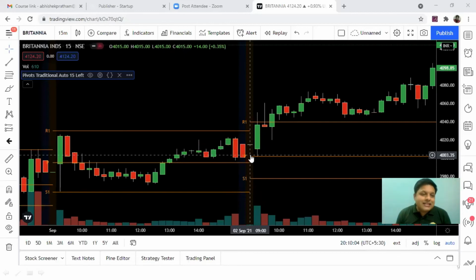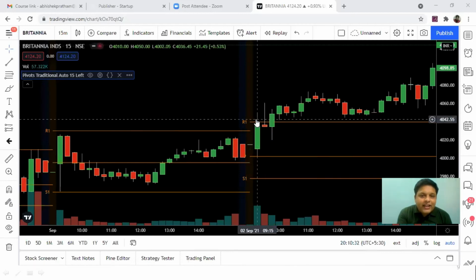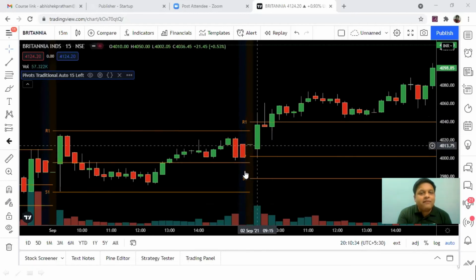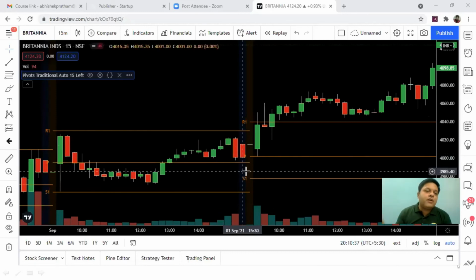Please understand, pivots are calculated based on the prices where it made a previous high, previous low, and the previous closing. There is a calculation that goes on. Then you get a pivot point, and based on the pivot point, you get a resistance and support. So for identifying support and resistance, we have used an indicator called pivot points.